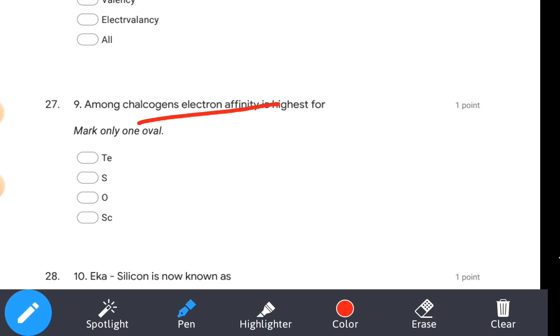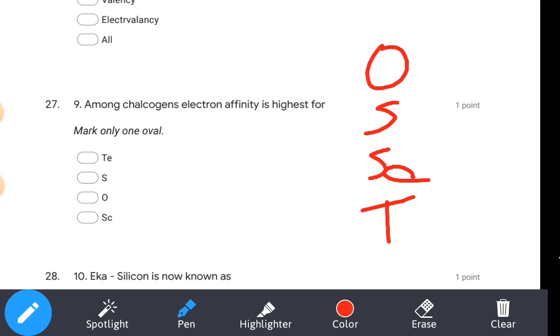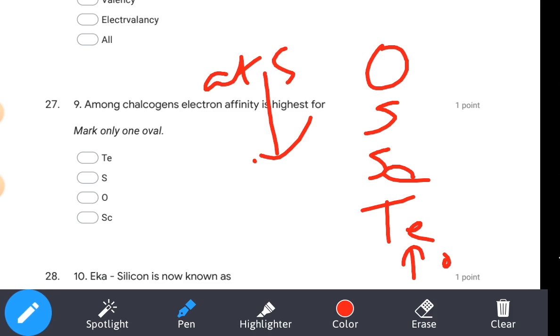Electron affinity is the energy liberated when an electron is added to the atom. Down the group, atomic size increases, so oxygen will have the smallest size.